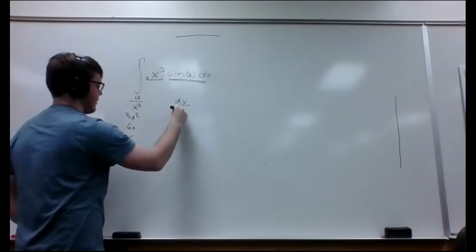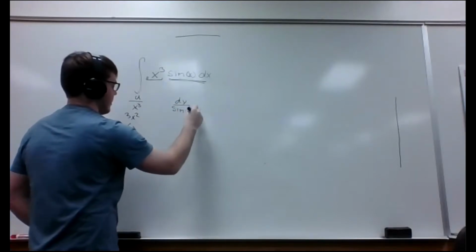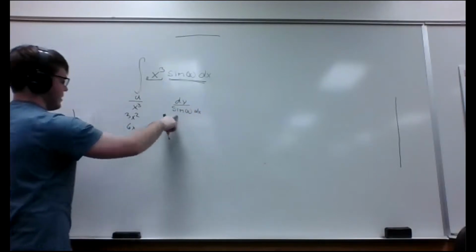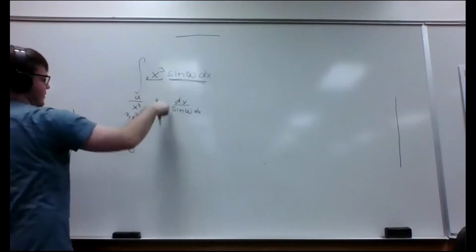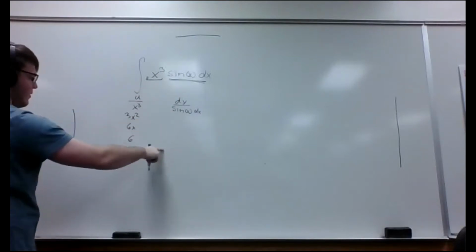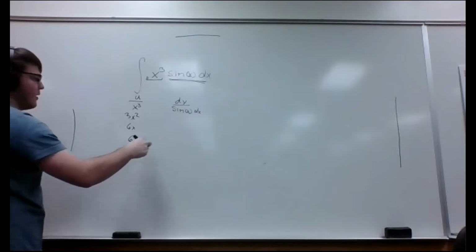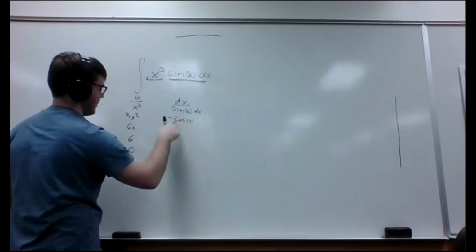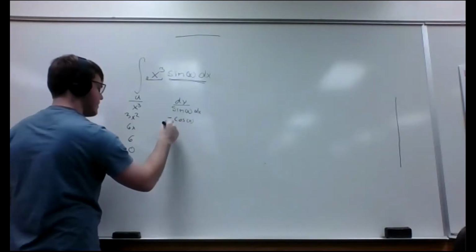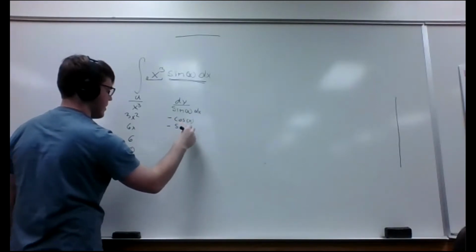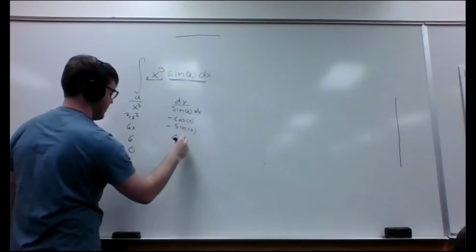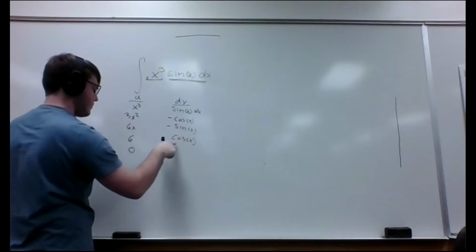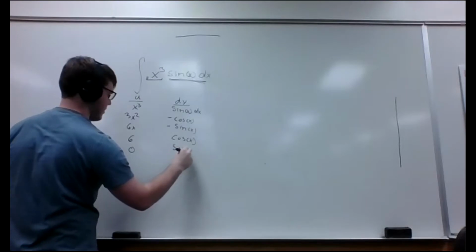And then we're going to write our sine of x, dx. And we're going to take the integrals of this until we get to the same number here. So the integral of sine is negative cosine x, and then negative sine, to cosine, to sine.